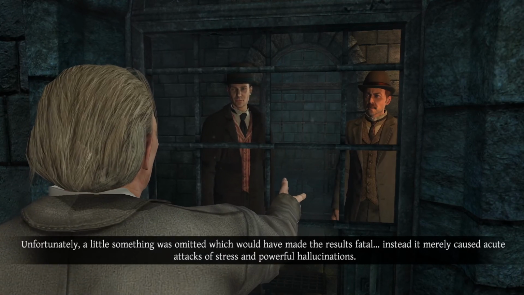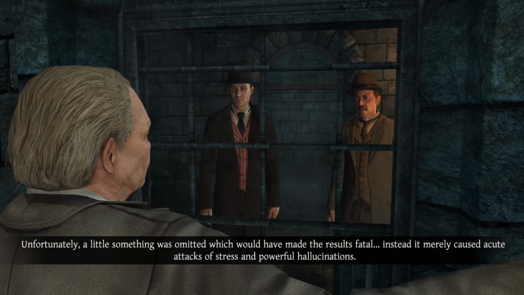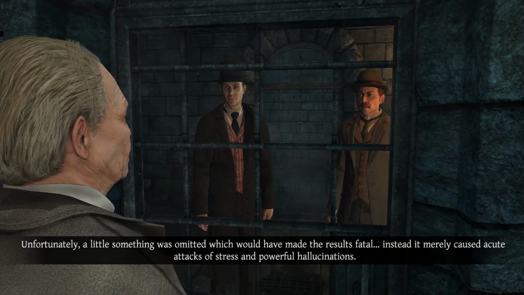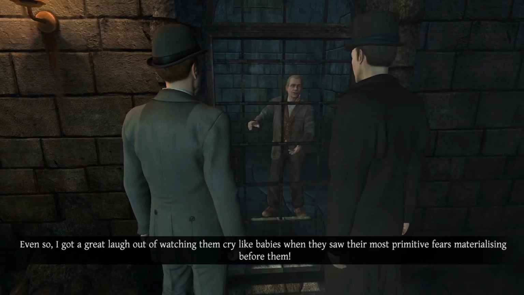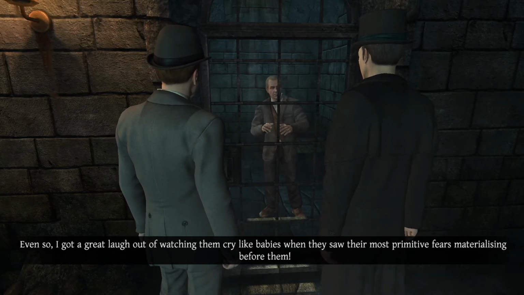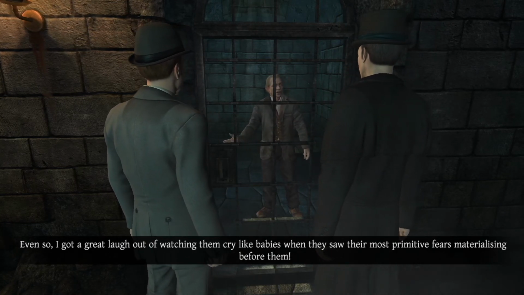Unfortunately, a little something was omitted, which would have made the results fatal. Instead, it merely caused acute attacks of stress and powerful hallucinations. Even so, I got a great laugh out of watching them cry like babies when they saw their most primitive fears materializing before them.